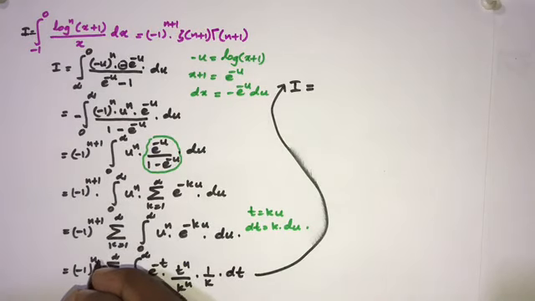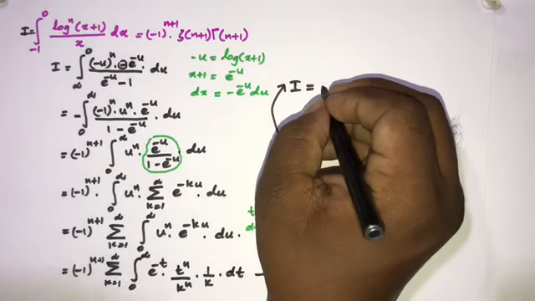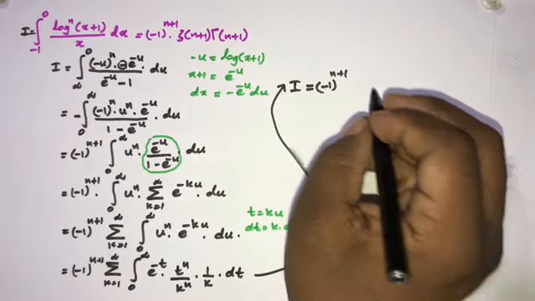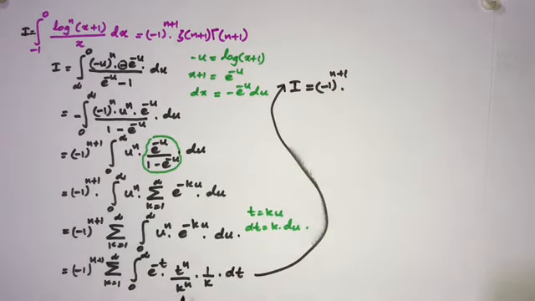Then we can write I is equal to (-1)^(n+1), and here we know k^n times k, so we can write k^(n+1).